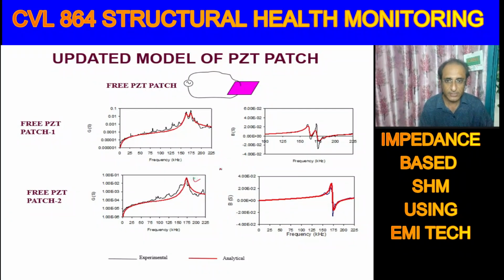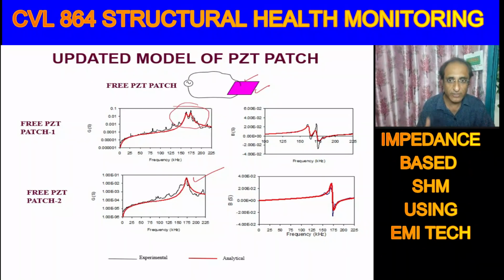So this is the case where we have a single peak, and this is the case where we have twin peaks. Sometimes if you see the signature of the free piezo patch, you will find twin peaks. Why do twin peaks happen? Ideally the piezo patch should be a perfect square, but there may be a small manufacturing defect, so that one edge may be longer than the other. In that case, if the two edges are not exactly matching, we will have twin peaks.